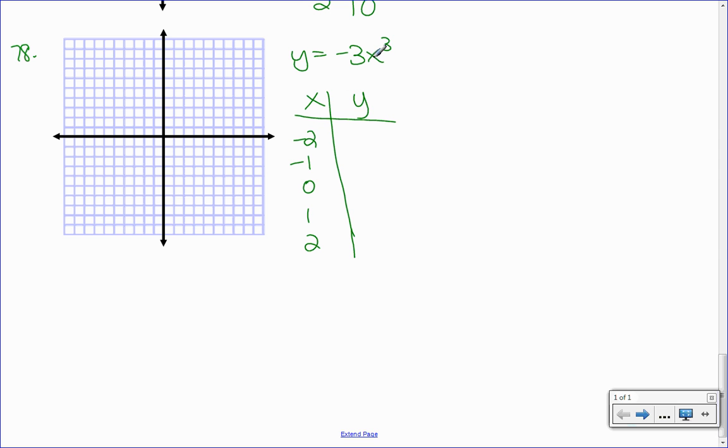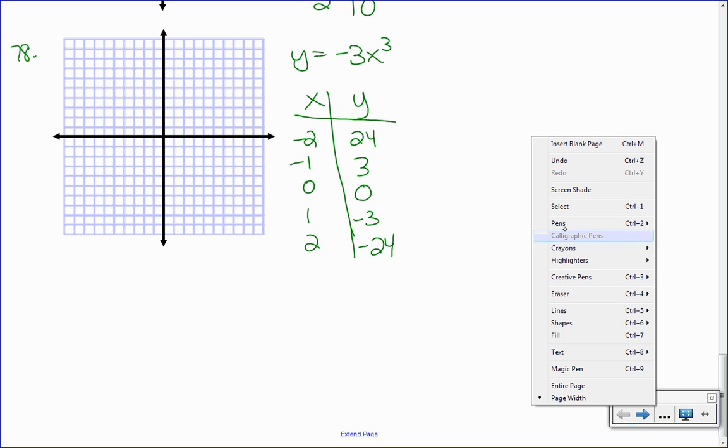When we plug in -2 for x, -2 cubed is -8, times -3 is 24. -1 cubed is -1, times -3 is positive 3. 0 cubed is 0, times -3 is still 0. 1 cubed is 1, times -3 is -3. 2 cubed is 8, times -3 is -24.